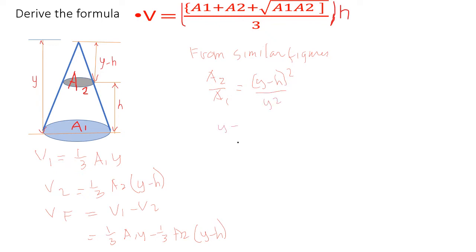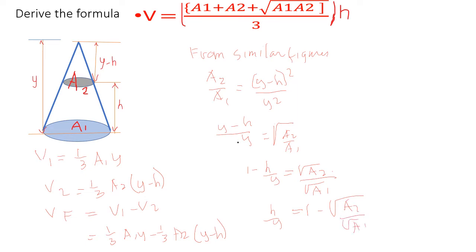So Y minus H over Y is equivalent to the square root of A2 over A1. So 1 minus H all over Y equals square root of A2 over square root of A1. So H all over Y is equivalent to 1 minus square root of A2 all over square root of A1.